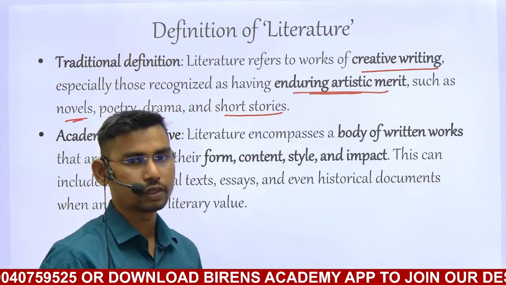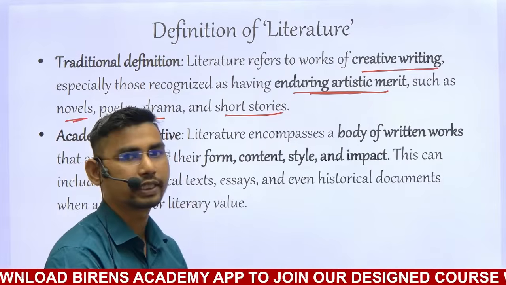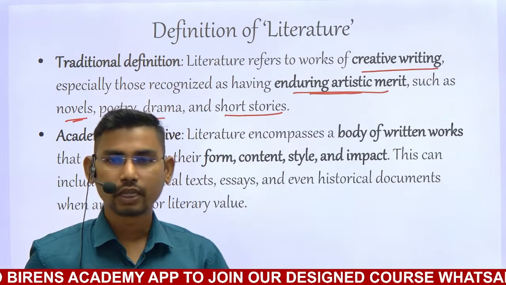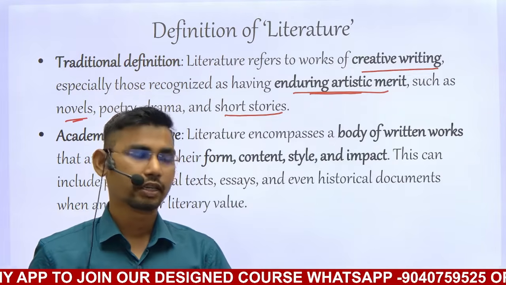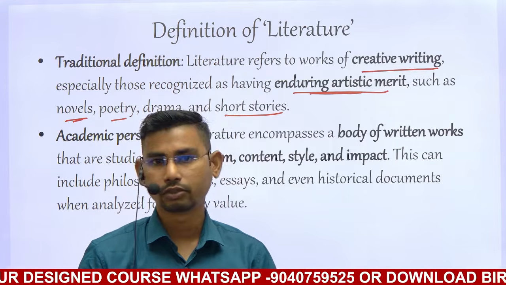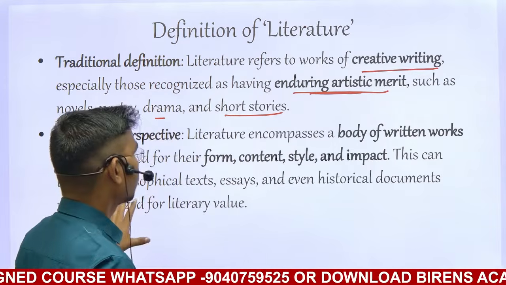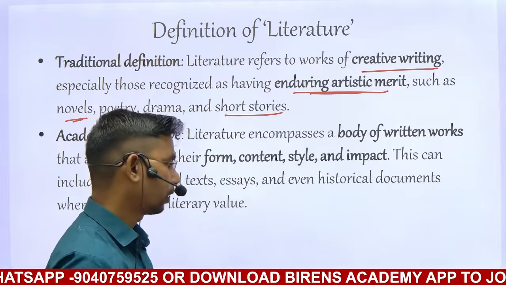We are students, and this is very important for us because we have to critically analyze any work of art in order to understand it and also to answer questions in the examination, be it the academic examination or for any job. So this was a brief definition of literature.